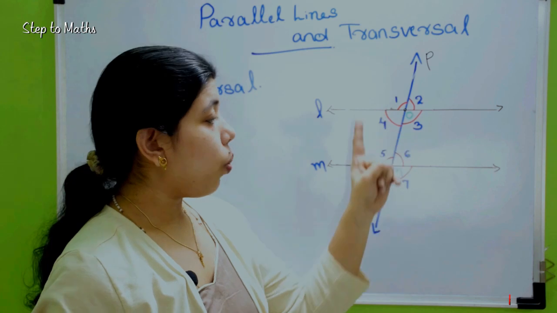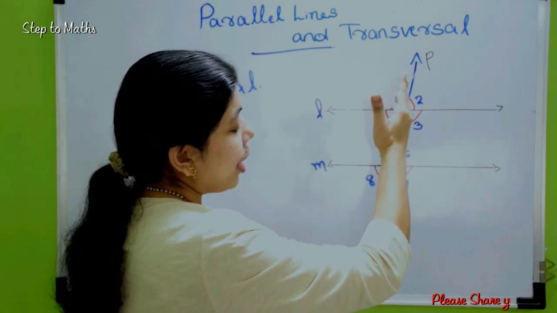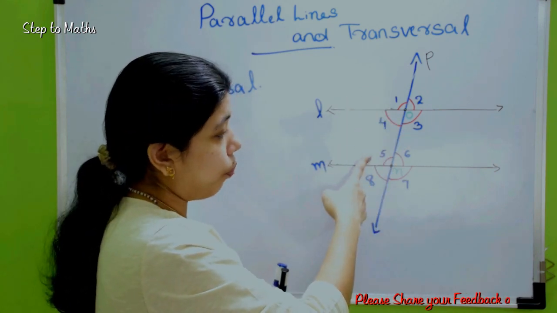Now we consider angle 1 and angle 5. These two angles are on the same side of this transversal.